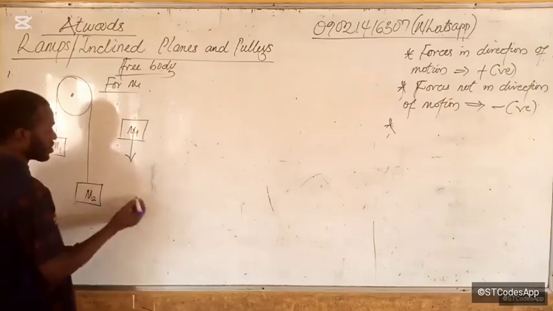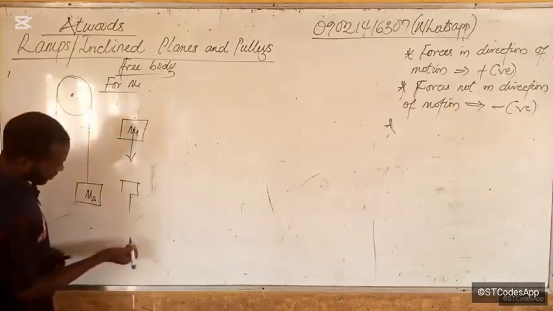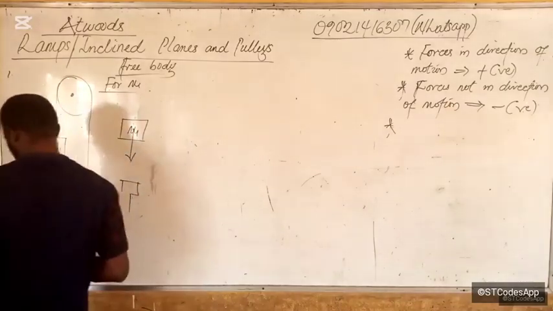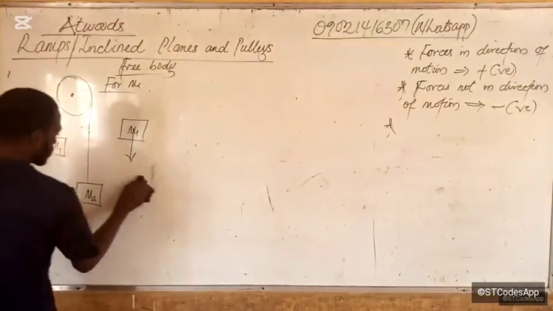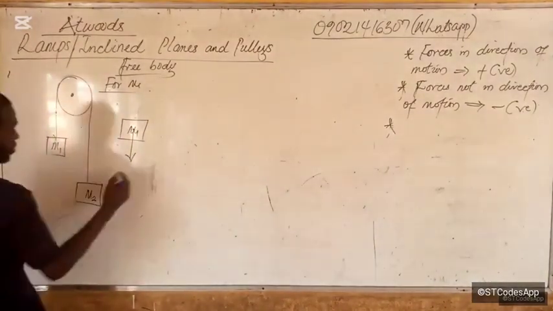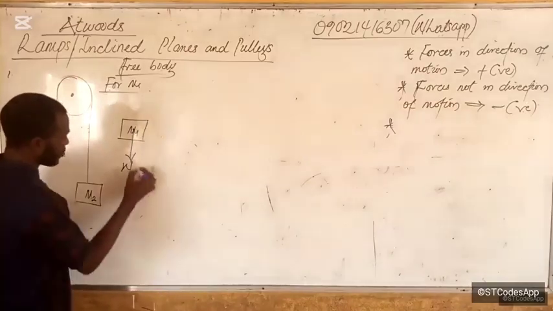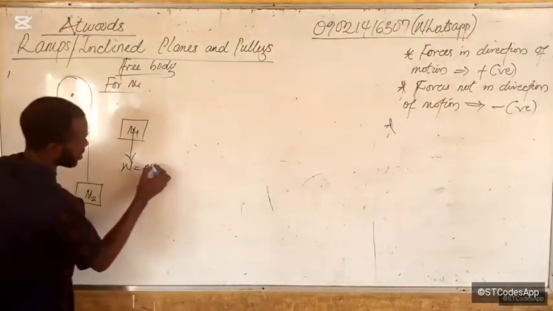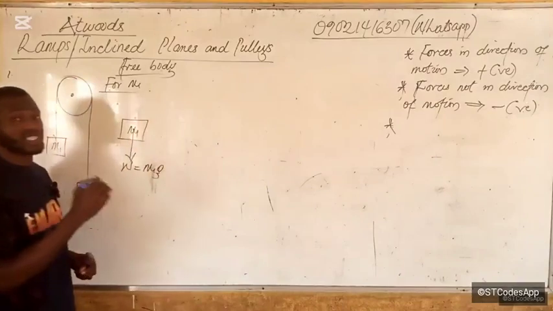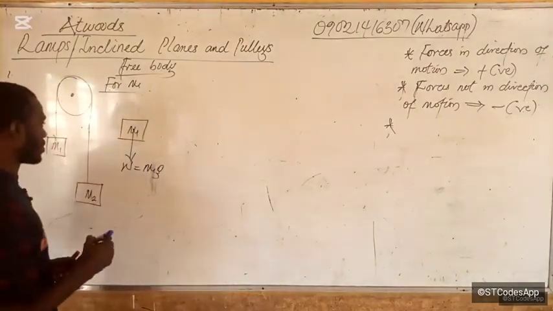So notice it's not correct to draw it this way. You draw it from the center of gravity. So what is acting downward is also weight. And regarding M1, it is M1G, recall that weight is mass times acceleration due to gravity.